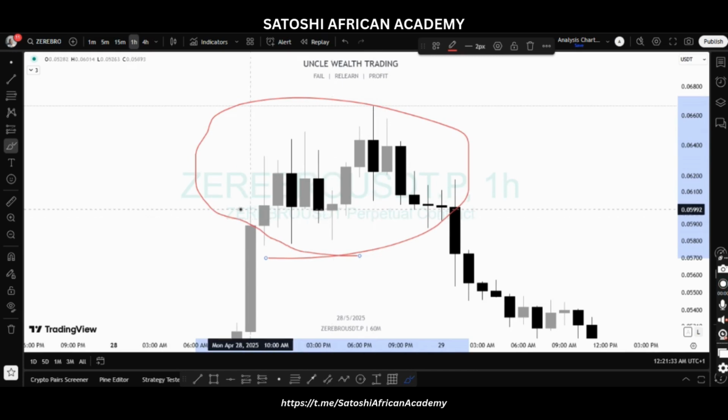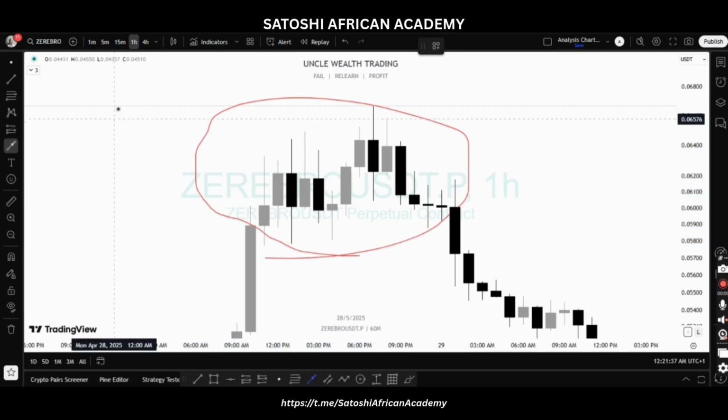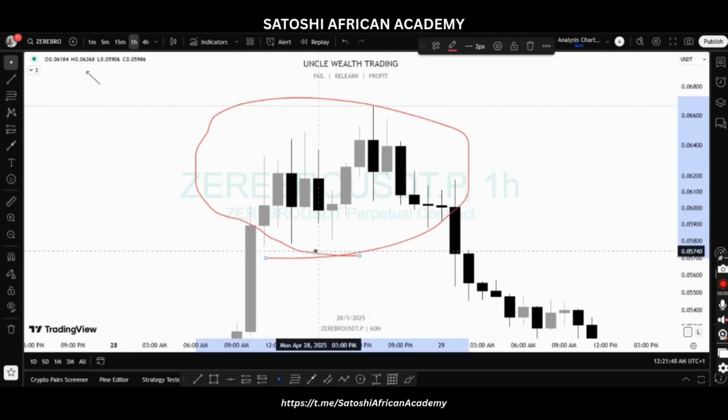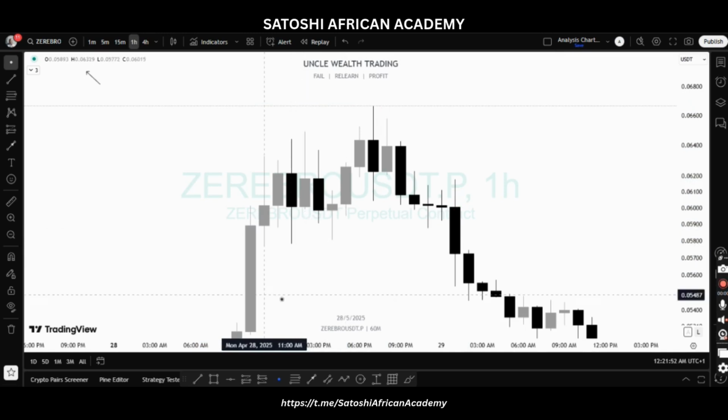So I want you to take a look at these prices here, these values, and see what happens when I move the cursor on a candle. Look at here.